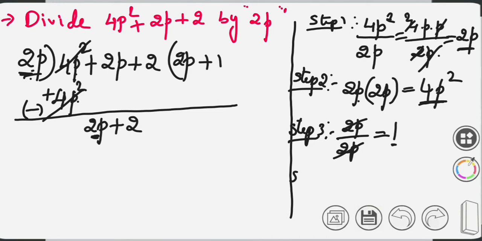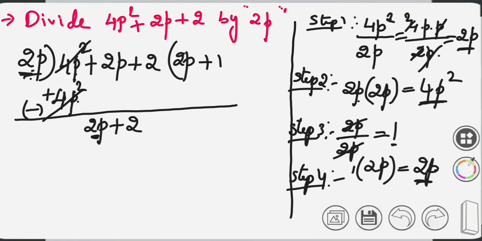And in the next step, with this term we have to multiply the divisor. That becomes 1 into 2p, that is 2p. This 2p you have to write here. And while doing the subtraction, this is plus 2p, you will change the symbol, that becomes minus 2p. So plus 2p minus 2p will get cancelled and 2 remains.